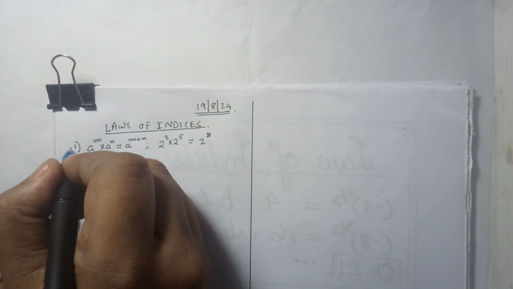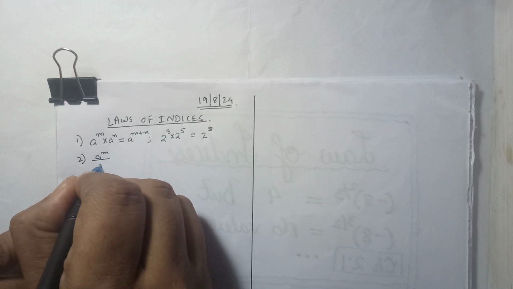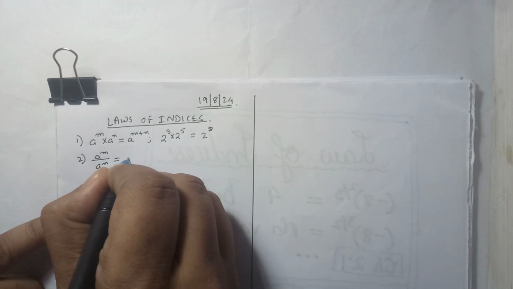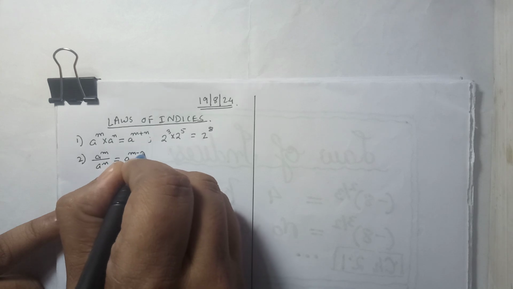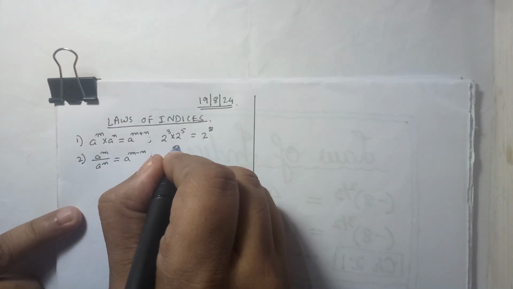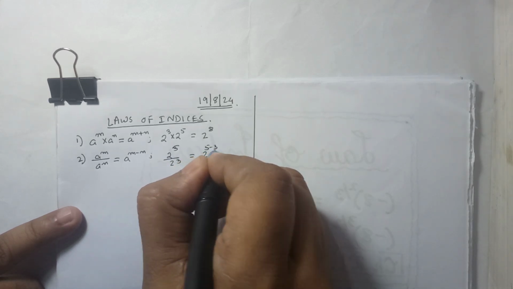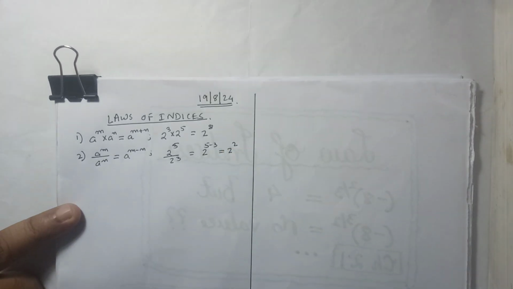Second law, a to the power of m by a to the power n is a to the power m minus n. 2 to the power of 5 by 2 to the power of 3 will give you 2 to the power of 5 minus 3, which is 2 square.